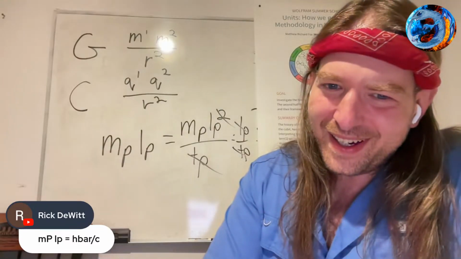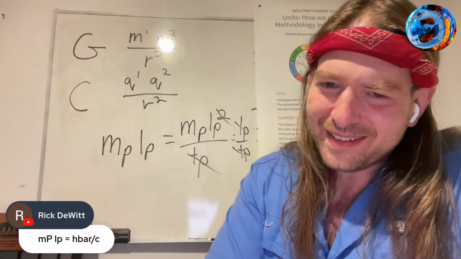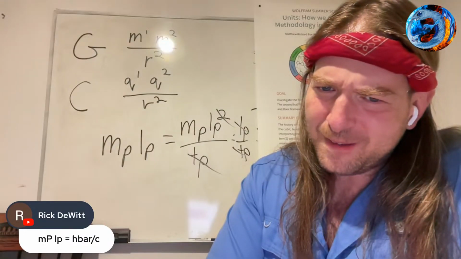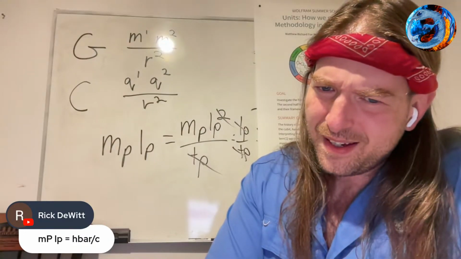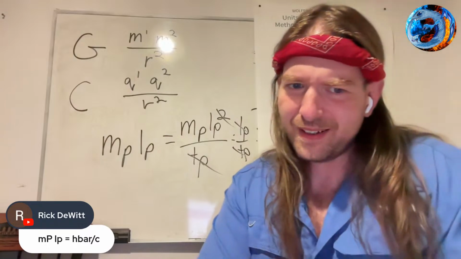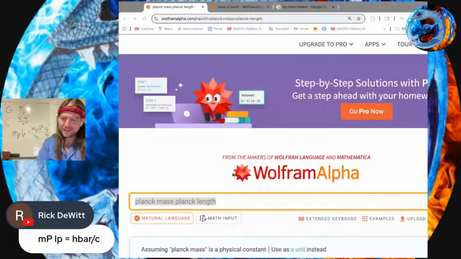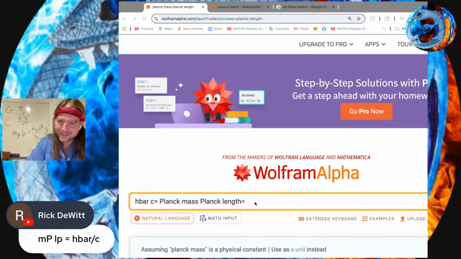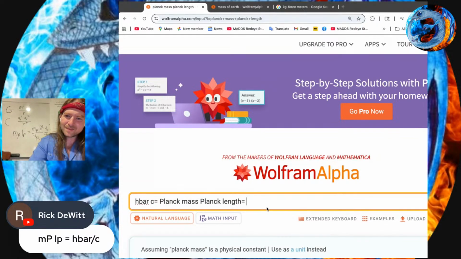And then H bar divided by C equals length times length. H bar C equals mass length equals ampere constant charge squared.